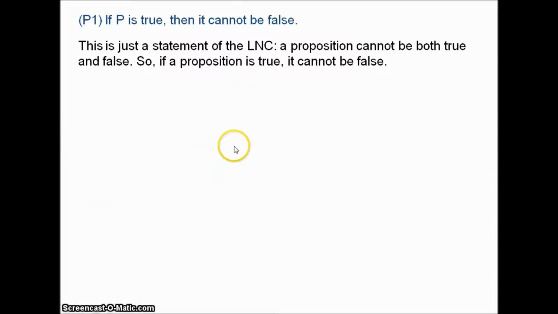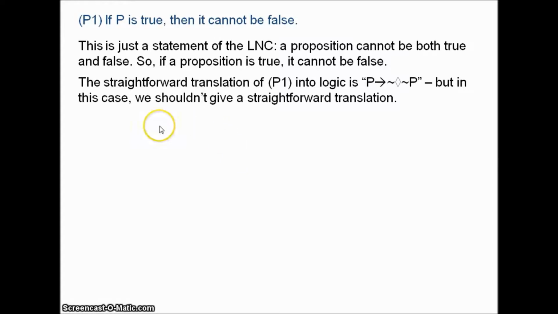The straightforward translation of P1 into logic is, as we've seen, if P, then not possibly not P. But in this case, we shouldn't give a straightforward translation. If P, then not possibly not P, or if P, then necessarily P, is not the law of non-contradiction.